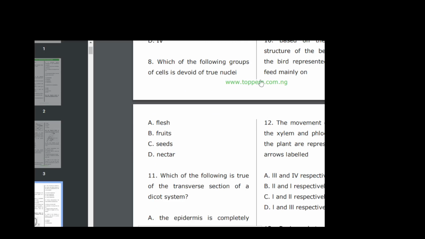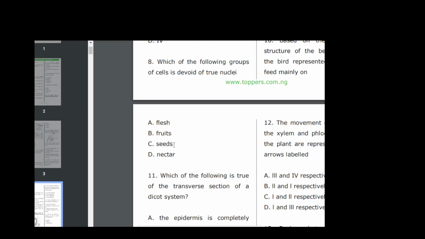The question says, based on the shape and the structure of the beak and feet, the bird represented is likely to feed mainly on. The answer to that question is what? Flesh. It doesn't feed on fruits. If it was feeding on fruits, it would have long beaks that will help it to suck the juice from the fruit. If it were feeding on seeds, it will need its beak like the beak of the nutcracker.